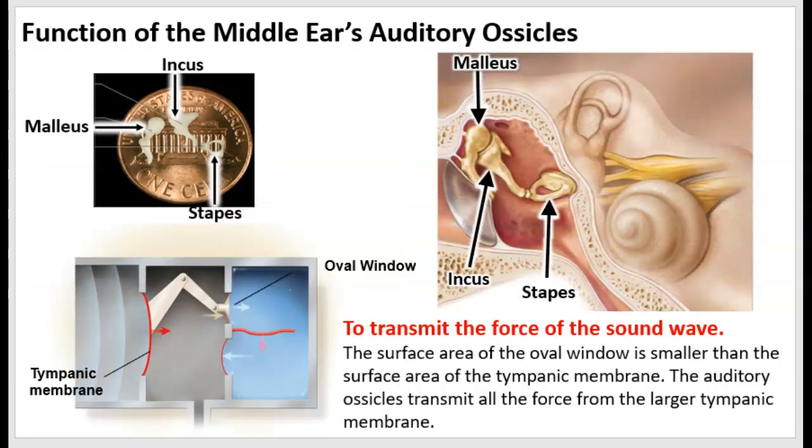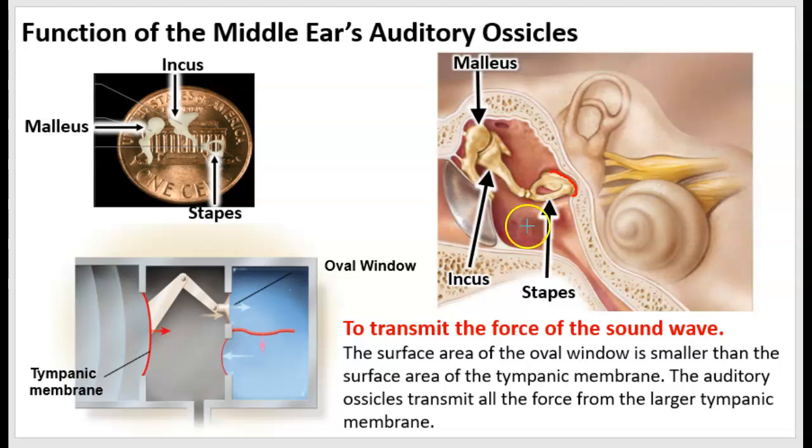One thing that's important in getting the fluid to move in the inner ear is to make sure there's enough force generated so that the stapes has enough force behind it to push into that oval window and cause the slightly viscous fluid of the inner ear to actually begin moving.